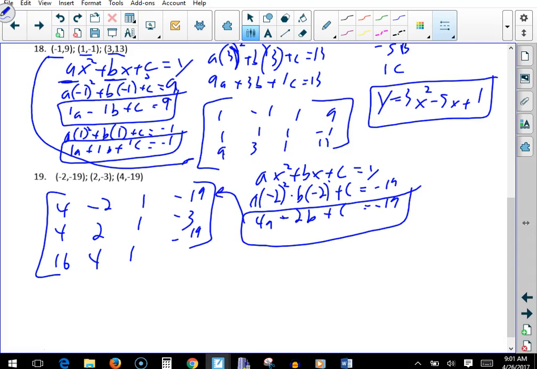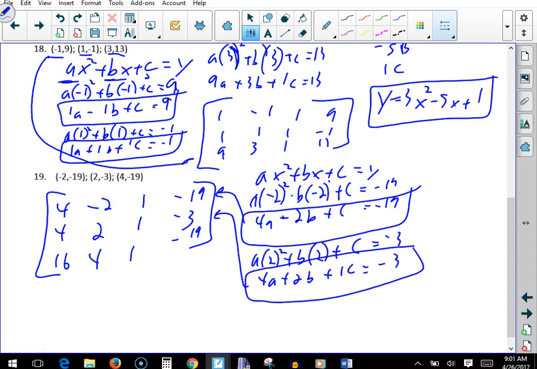Alright? Then the second one, we're plugging in 2, negative 3. So A, 2 squared, plus B, 2, plus C equals negative 3. 2 squared is 4, A. 2 by itself is 2B, plus 1C equals negative 3.